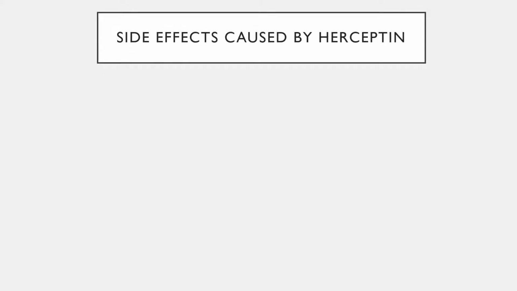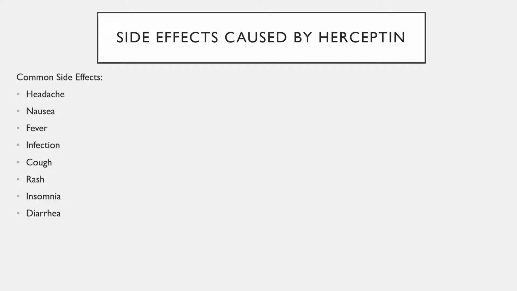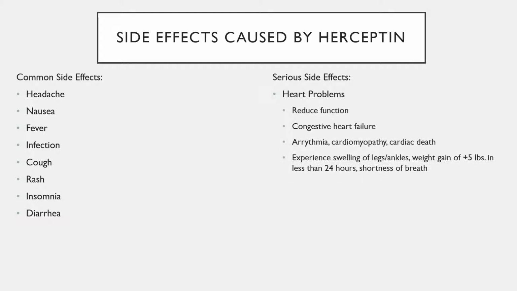And some of the side effects that are caused by Herceptin, some of the common ones, you just get your headaches, nausea, fever, infection, coughs, rashes, insomnia, or diarrhea. But some of the serious side effects, you get heart problems.